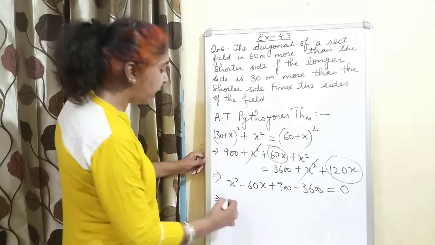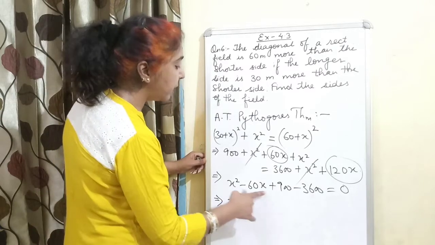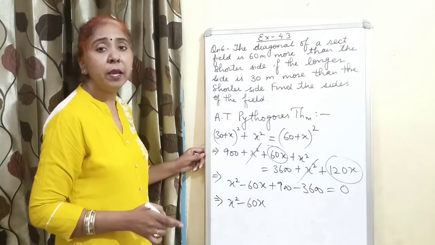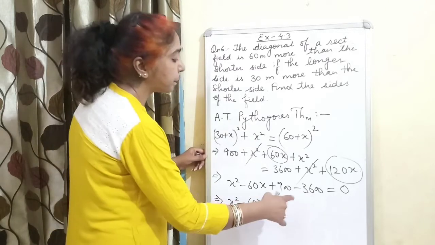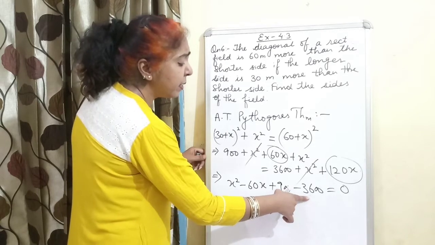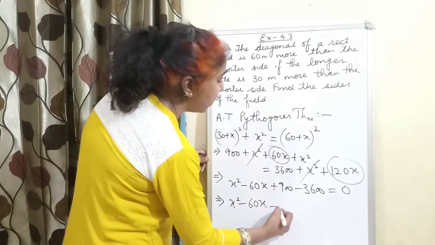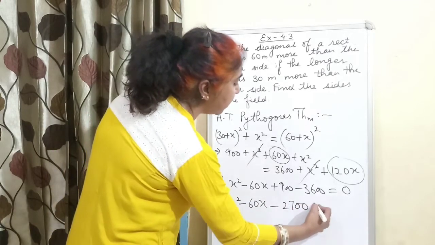So now the final equation we have is x square minus 60x, plus minus will be minus, and when we subtract 900 from 3600, we get 2700.